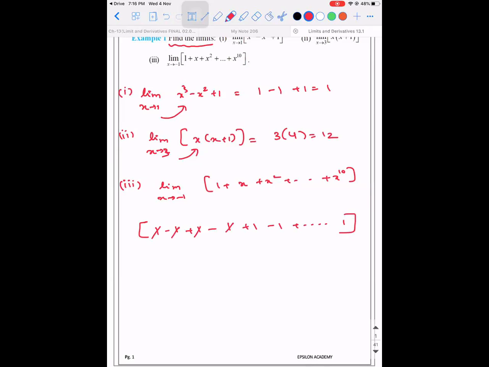So how many terms are there from x to x power 10? There are 10 terms, right? So every 2 terms will get cancelled. So here you have 10 terms and here you have the 11th term. So what will the answer be? Even number of terms get cancelled. So what are you left out with?